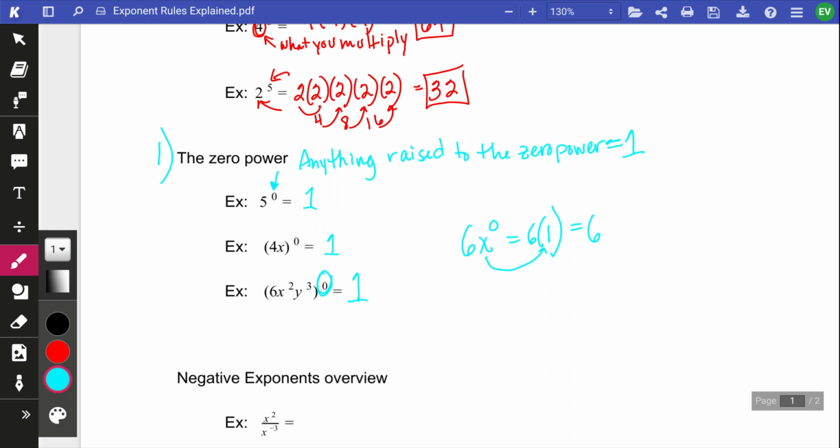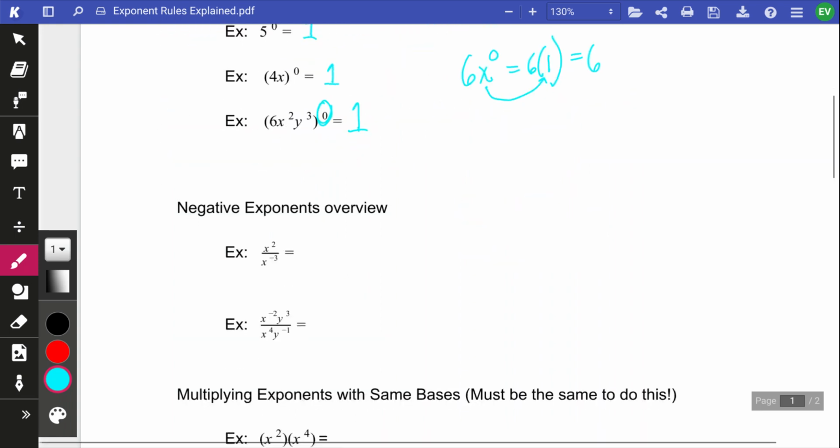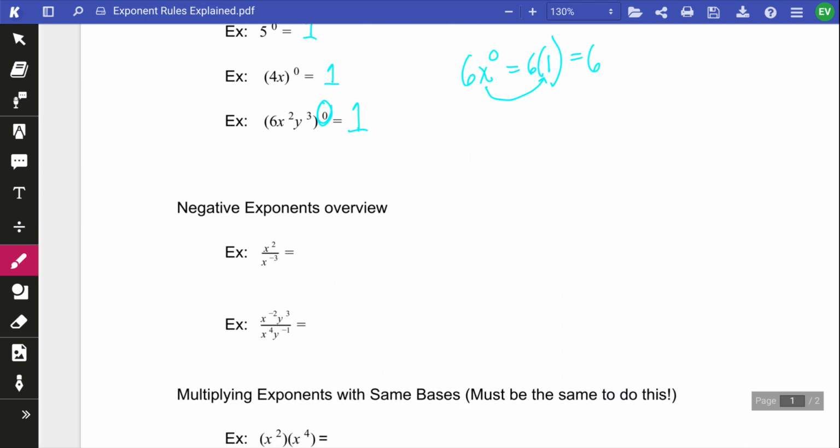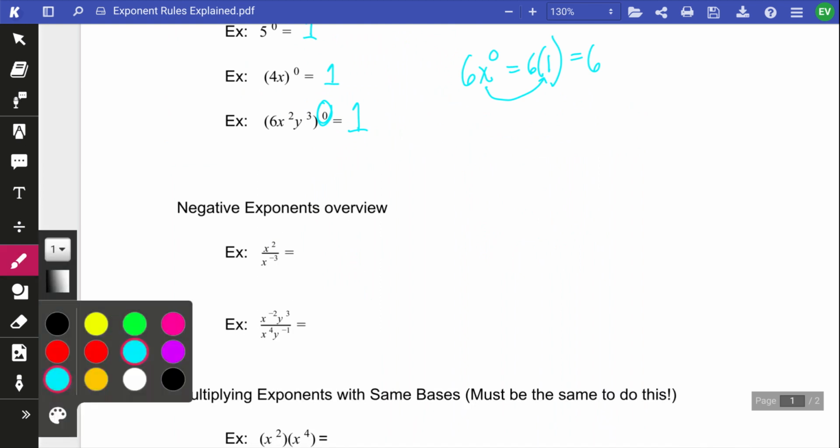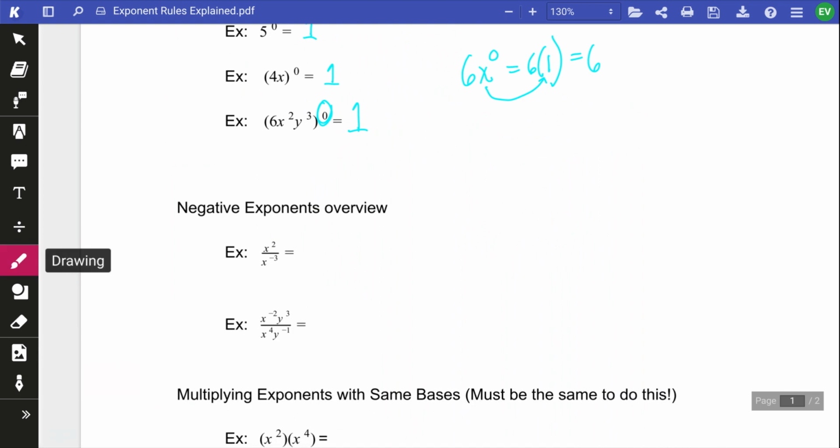Easy, easy, easy rule. Okay, how about the next one? So we're going to do a negative exponent. I like to think of the negative exponents rule as the exponent is unhappy where it is.